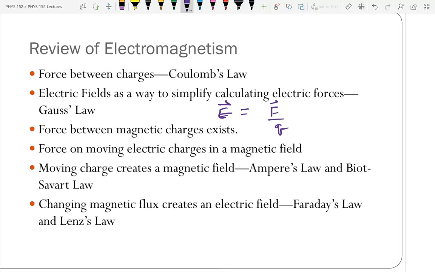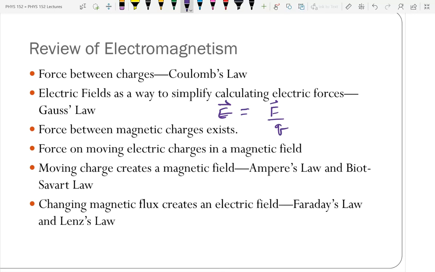So then we have the idea of the magnetic field. That is, magnetic field goes out of north and goes into south. And there's always going to be a torque to make things align with the magnetic field, because opposites attract and likes repel. And then if you have a moving charge, that's when things get really interesting.